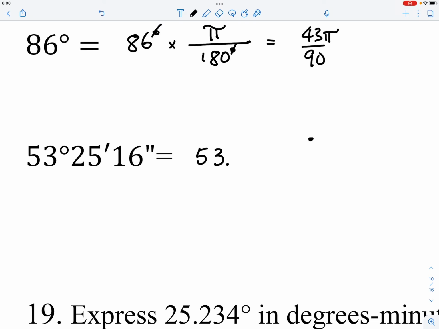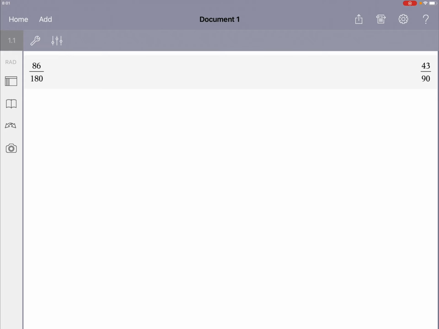We also can expect that it's going to be 53 point something that is less than 53.5 because we don't even have 30 minutes yet. So it'd be close to 53.5, but not quite there yet. I'm expecting something like 53 point, maybe like 3 or 4-ish.